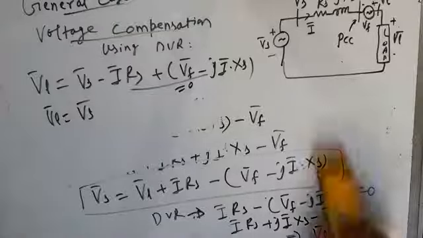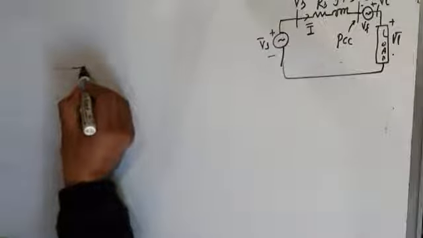Now you will understand it with the help of a phasor diagram. Let me show it to you in the form of a phasor diagram. Now in the phasor diagram, this is our load voltage.